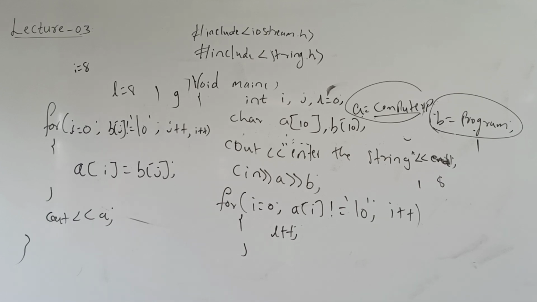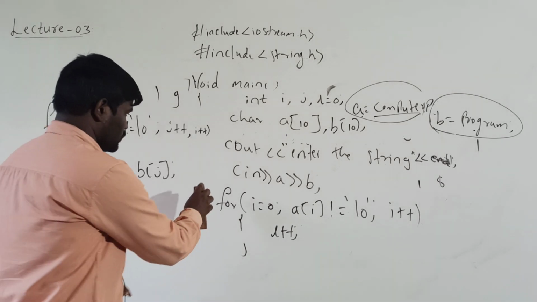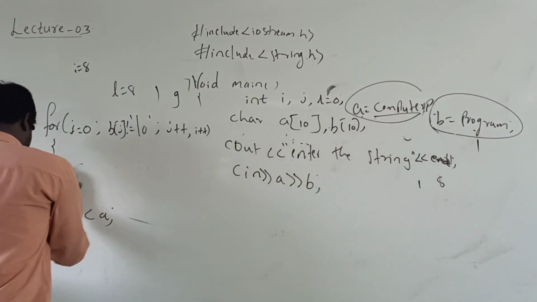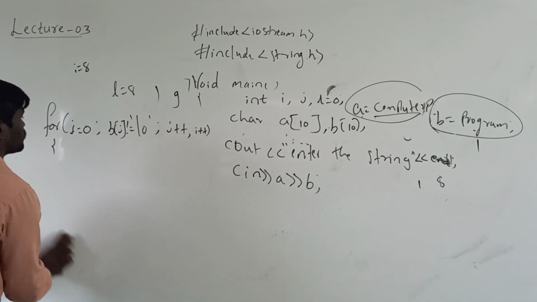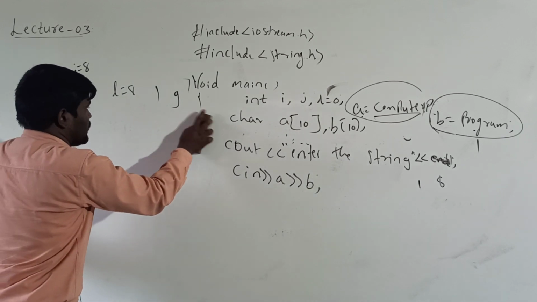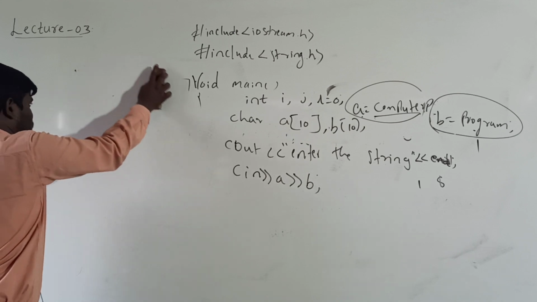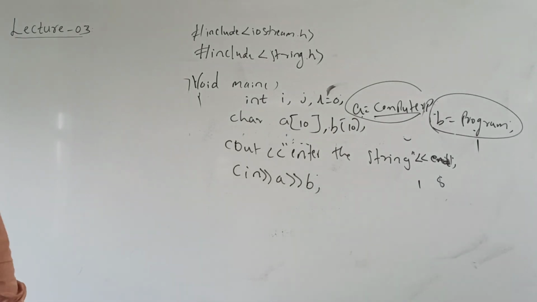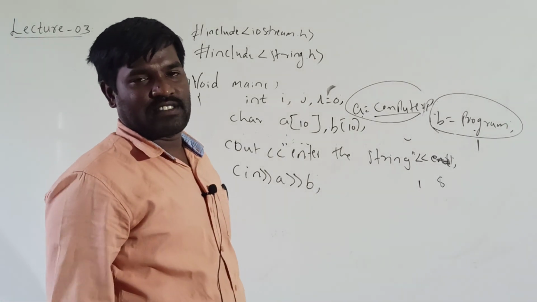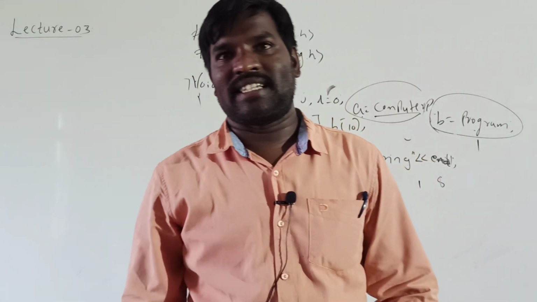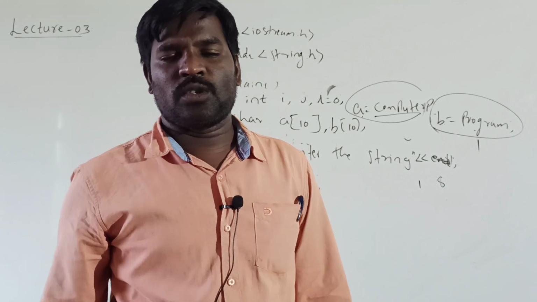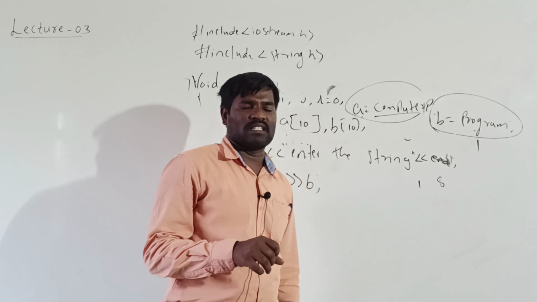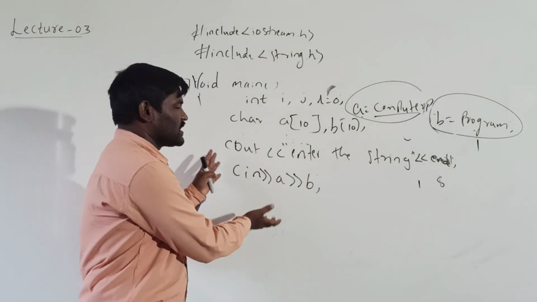Next is converting uppercase to lowercase or lowercase to uppercase without using the string handling function. One thing we have to remember: if you are using the string handling function, it takes two to three steps.